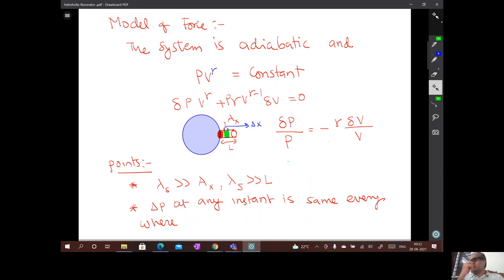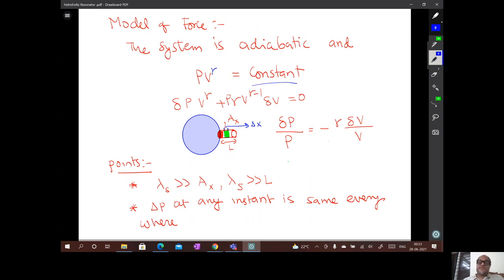Okay, if you want to construct a differential element, you differentiate it. So you can take delta P V raised to gamma plus P gamma V raised to gamma minus 1 into delta V equal to 0, because the right hand side of this is constant. Now you can actually rewrite this equation.